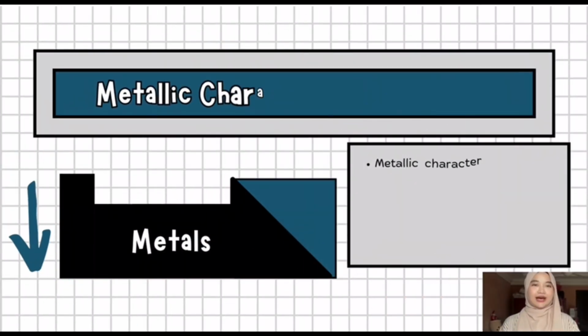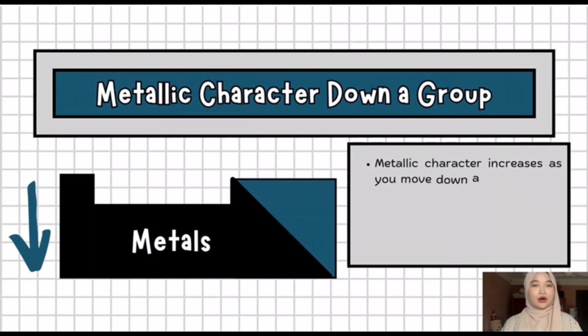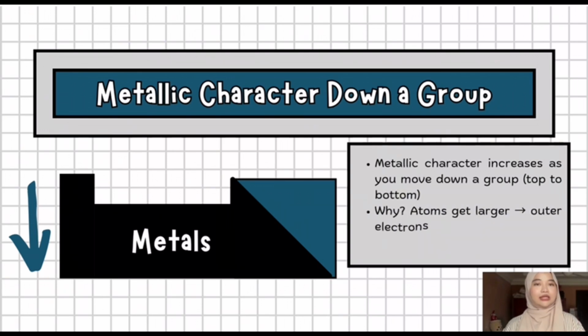Now, let's see what happens as we move down a group, or column, in the periodic table. Here's the trend. Metallic character increases as we go down a group. Why? As we move down, atoms get larger because they have more electron shells. This makes it easier for the outermost electrons to break free from the nucleus's pull.